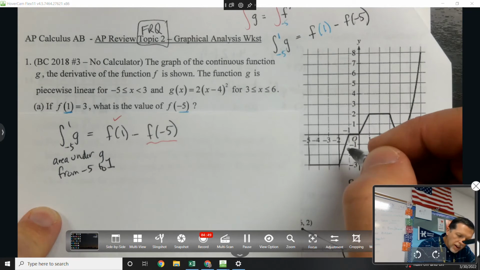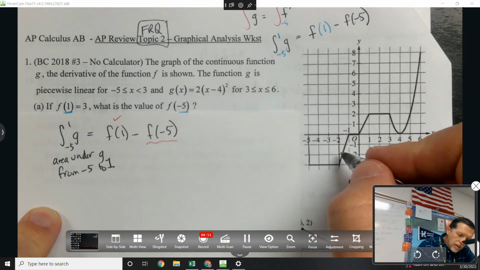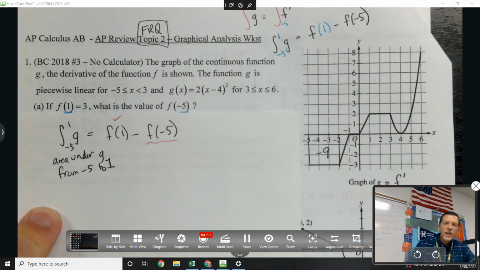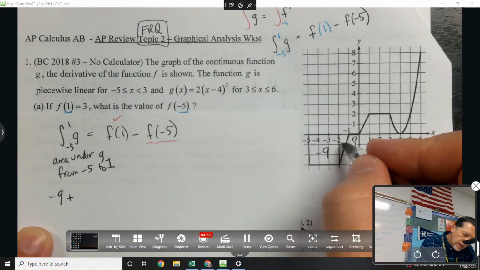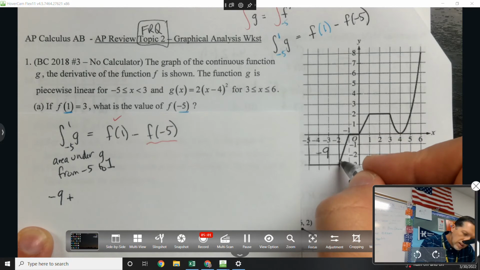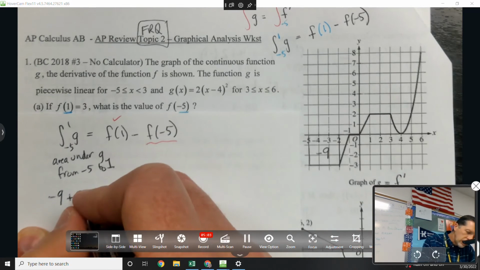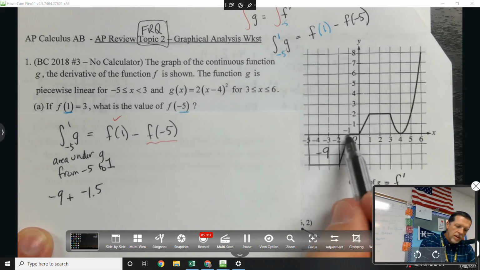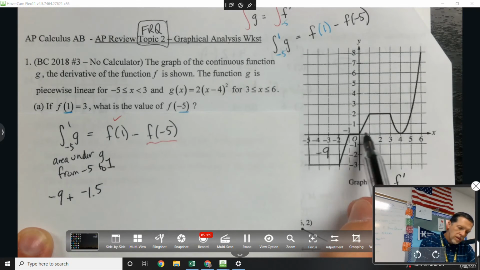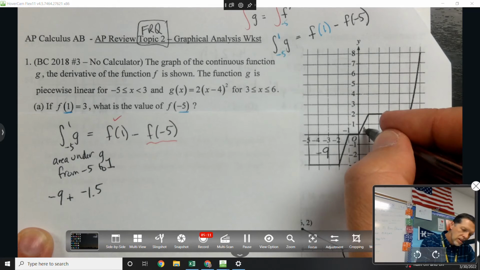So let's just divide it up. That would be -9. This little area would be 3 times 1 over 2, so negative 1.5. And 0, and then 1.